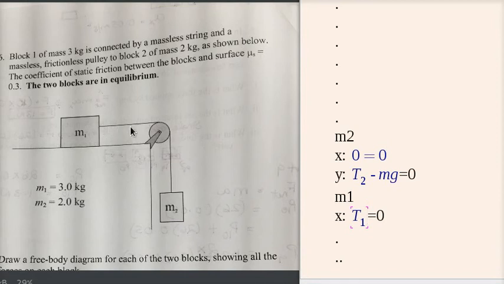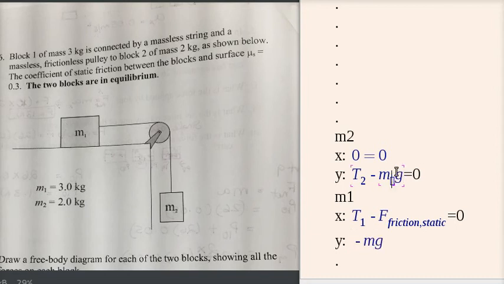T1 pulls to the right. What's pulling to the left? Friction, which we think is static. And in the y direction, we have gravity. I should label these masses.